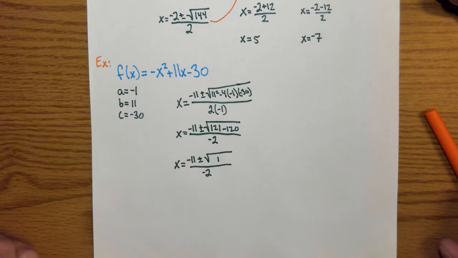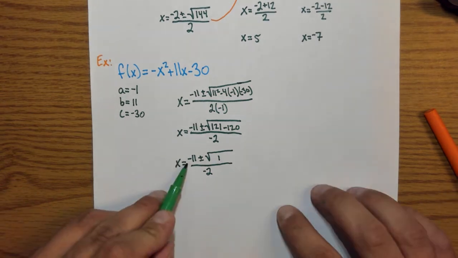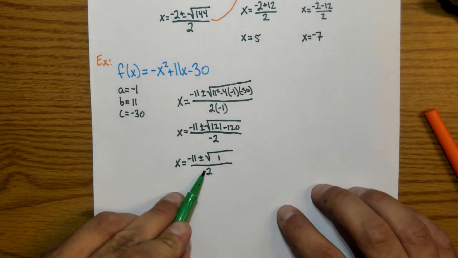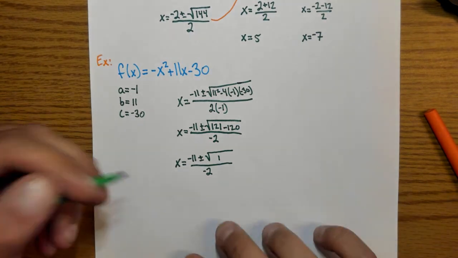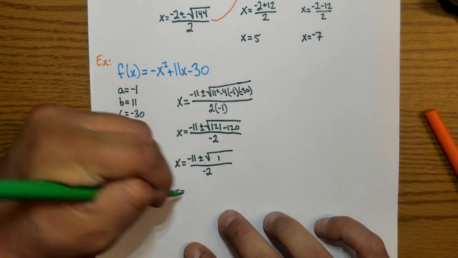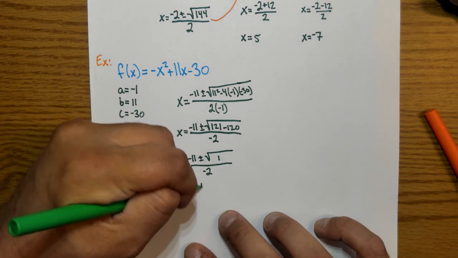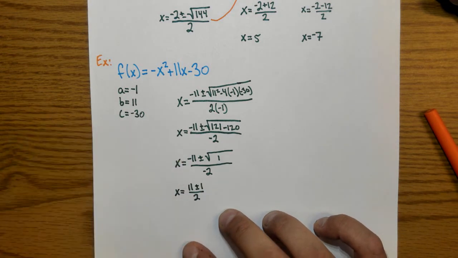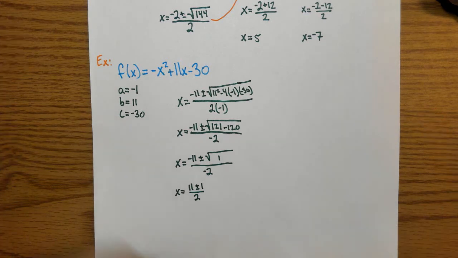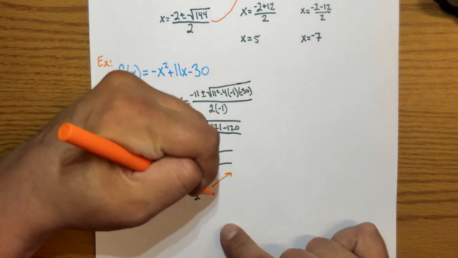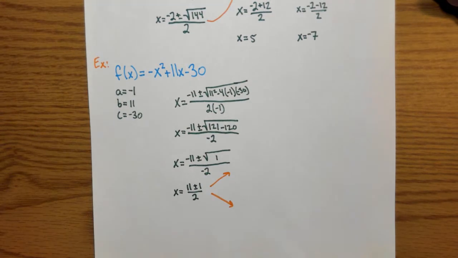Now we take the square root of 1, that's just 1, and also notice that these negatives cancel each other out, right? If we have a negative on top, negative on bottom, they can both become positive. So x is equal to positive 11 plus or minus 1 divided by positive 2. And this is where we will split up our equation into 2.